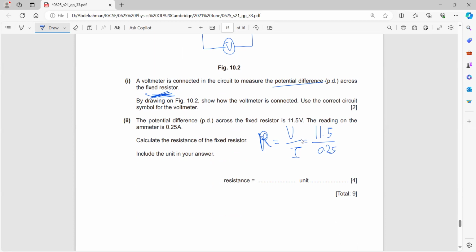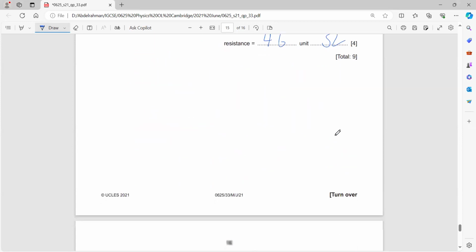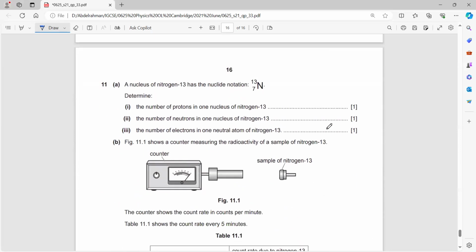That would be how much? Okay, I can't calculate right now. That would be 46, I guess. Correct, exactly 46. And the unit is definitely ohms. Okay, 46 ohms. Let's go.